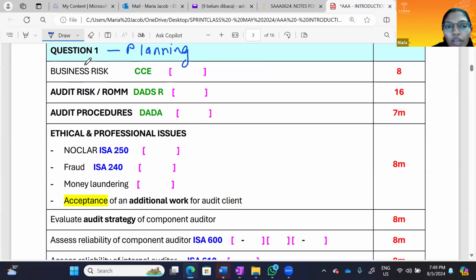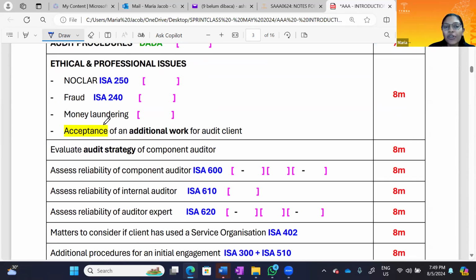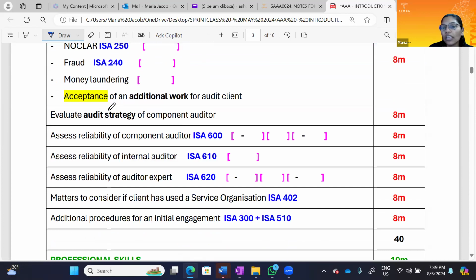You can be asked on these areas, which is going to be business risk and audit risk. You will have some audit procedure questions. You might have ethical and professional issues. And you might have evaluation of audit strategy of a component auditor, assess the reliability of component auditor, reliability of internal auditor, expert, matters to consider if the client is using a service organization, and additional procedure for an initial engagement.